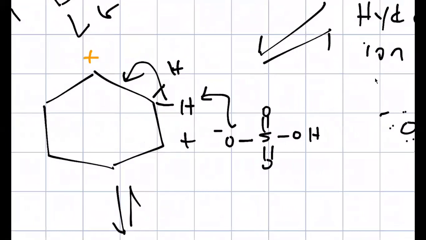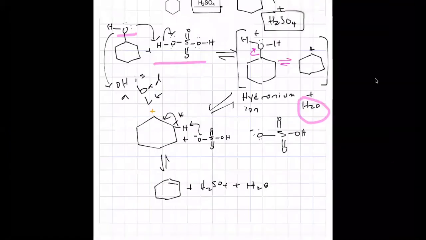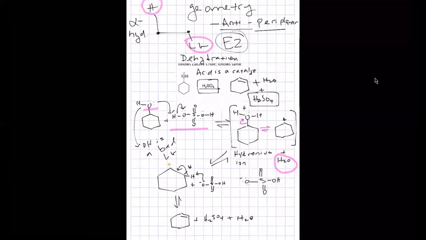With the E1, again, it has a lot of the same characteristics as the SN1, but it differs from E2 in that it's stepwise, so it goes through a carbocation, but you also don't need an outside base, right? Keep in mind, if you look at what we started with, we added acid, not base, right? So you don't need an external base, and there's no geometry requirement for anti-periplanar or any of that.